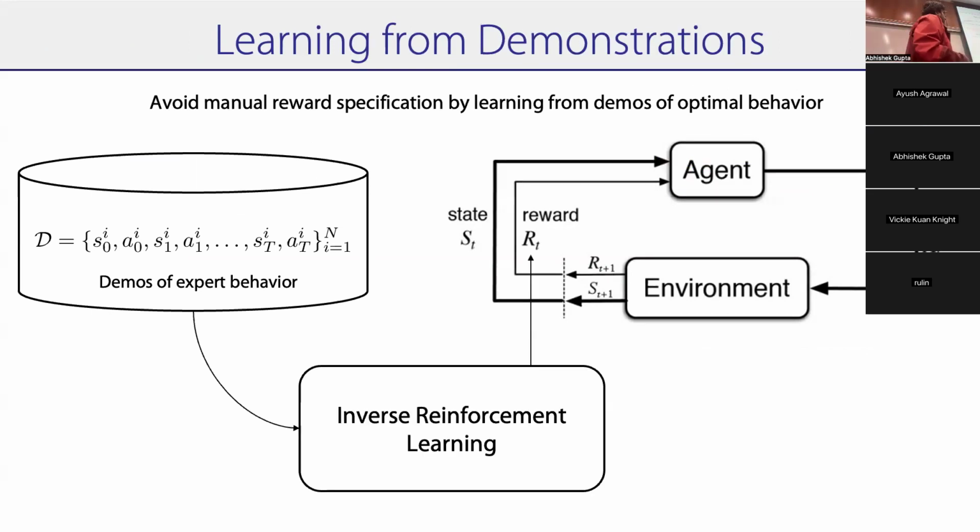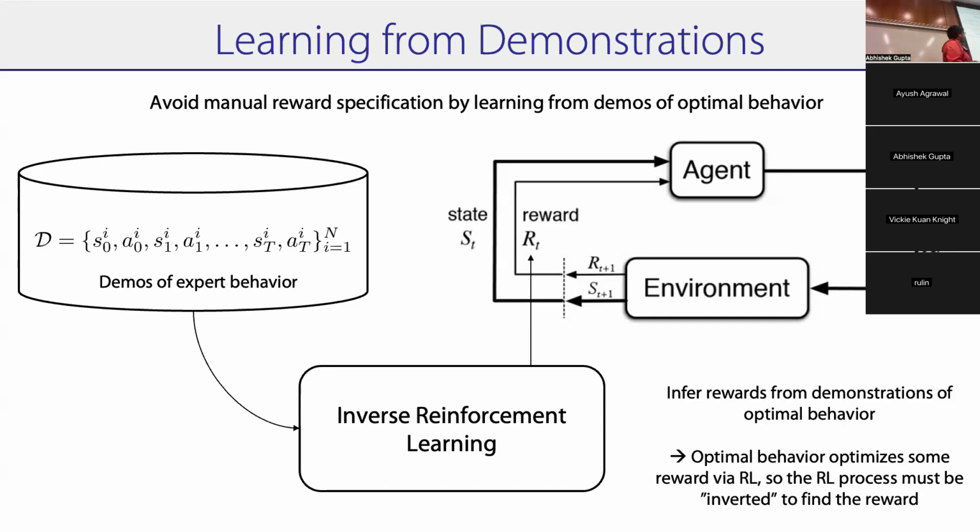Inverse RL is then going to use those demonstrations, and some interaction with the environment, to try and find a reward R. And then the hope is that we can use the reward R in new scenarios, in settings beyond the ones that were demonstrated. If I was just in the states that were demonstrated, then I don't need it. But if I'm in some new states, the hope is that reward R can be used to learn a policy that generalizes more than just the expert demos that we built.